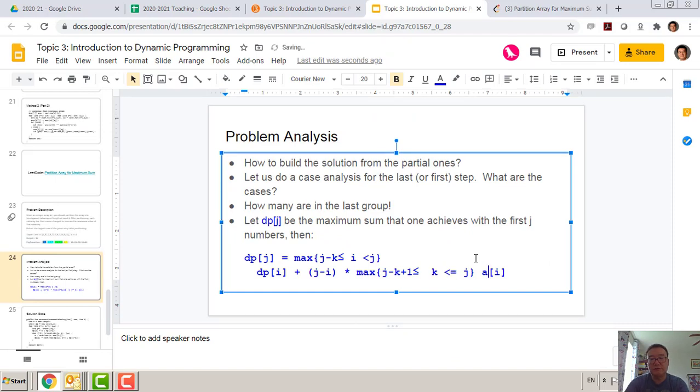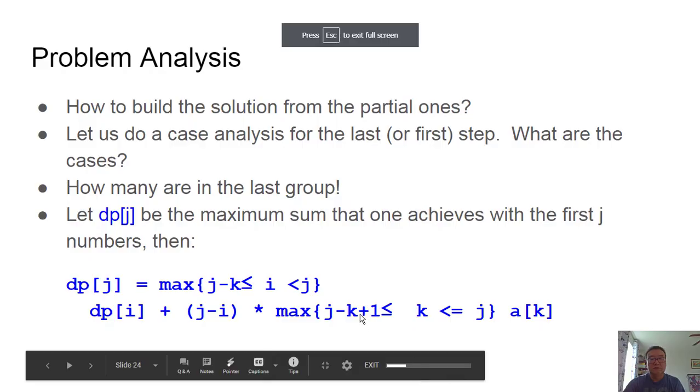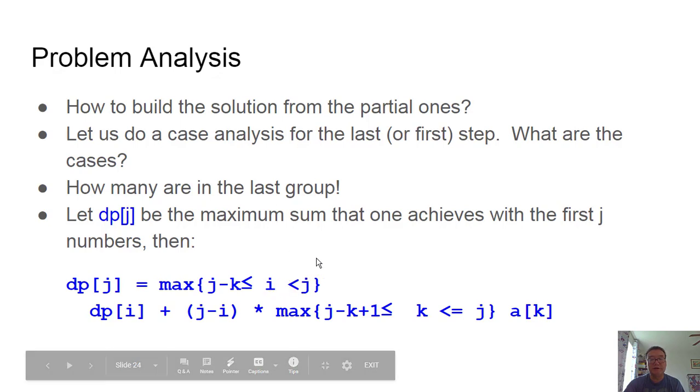So let's change these. So essentially, this is the case. And here I use this i to indicate the length of the prefix. So then the solution will be the already computed prefix solution DP of i, plus j minus i. This is the number of elements in the last group, and this bound makes sure that j minus i is at least 1 and at most k, and this is the maximum element in this range.